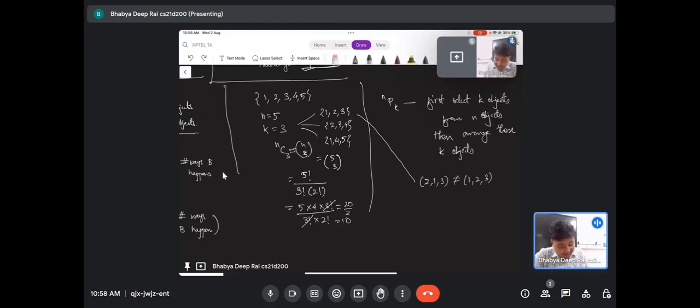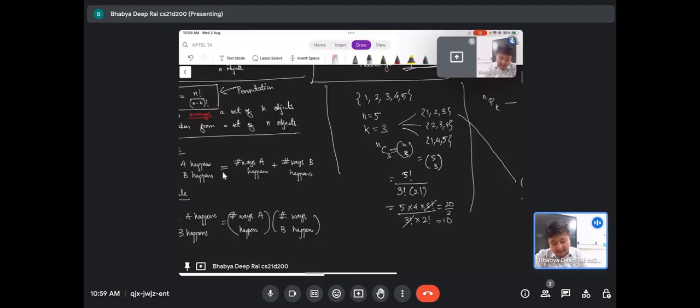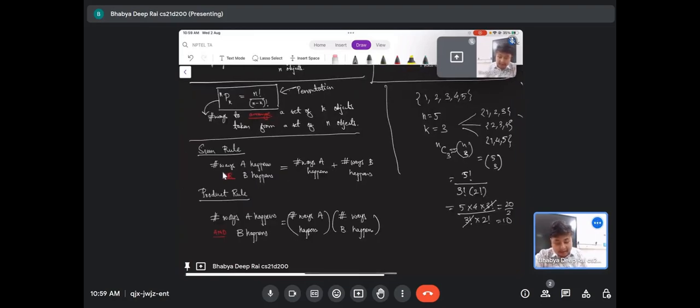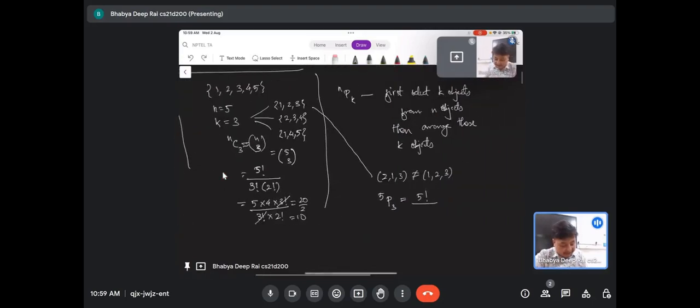So let's see, in this case when n is 5 and k is 3, how many arrangements are there? 5P3 will be equal to n factorial divided by (n minus k) factorial by the formula here. For us, k is 3 and n is 5, and 5 minus 3 is 2 factorial.